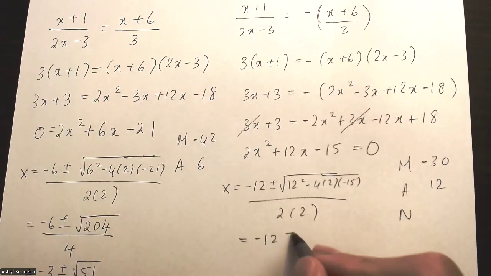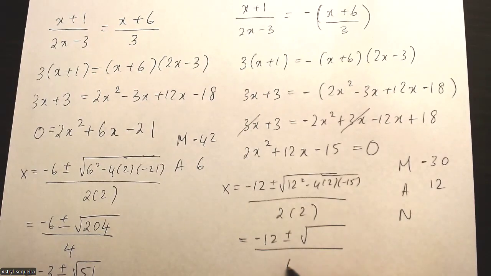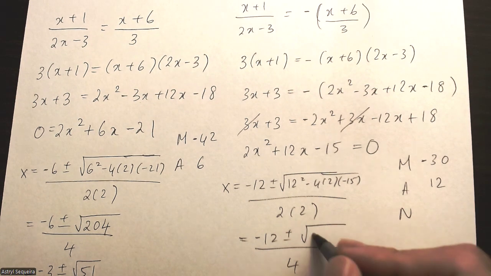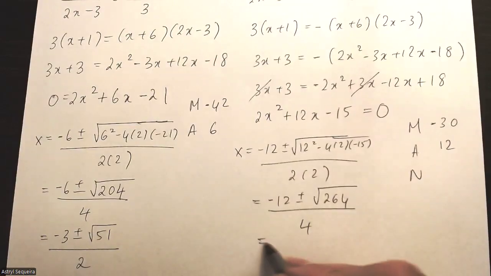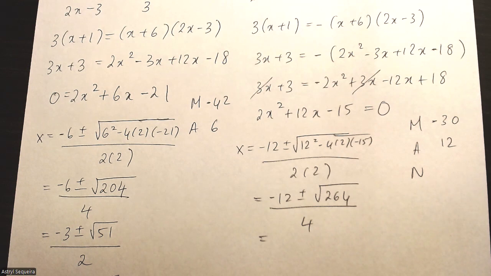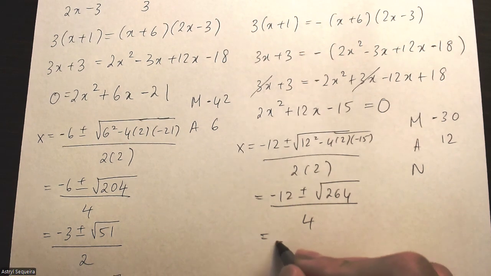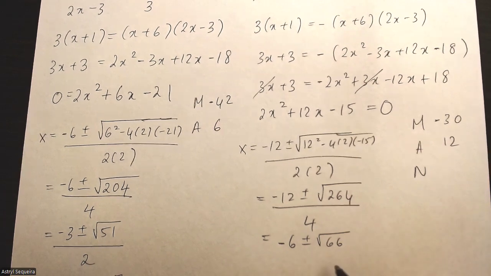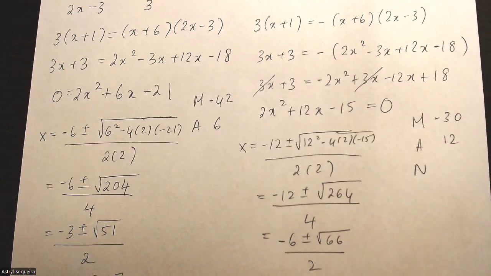Again, I'll put what's inside the square root in my calculator. I get 264, and then again, I'll just use my calculator to simplify this. If you don't have a calculator that simplifies it, you have to do it manually. It's just negative 6 plus or minus root 66 over 2.